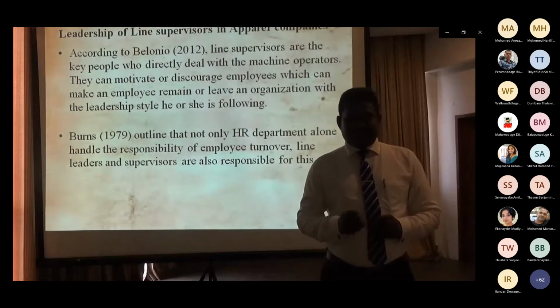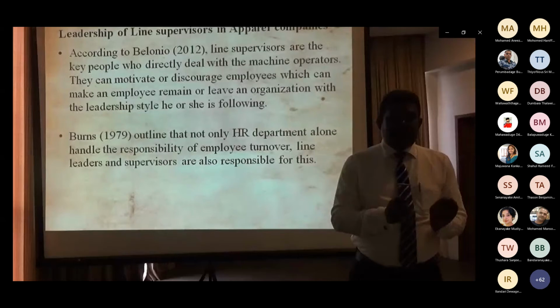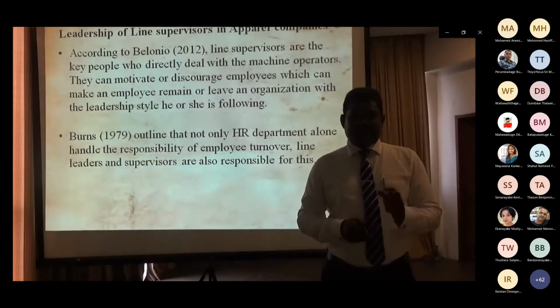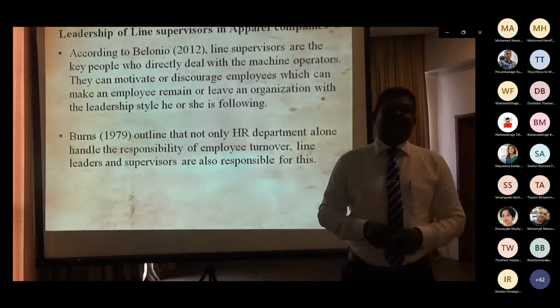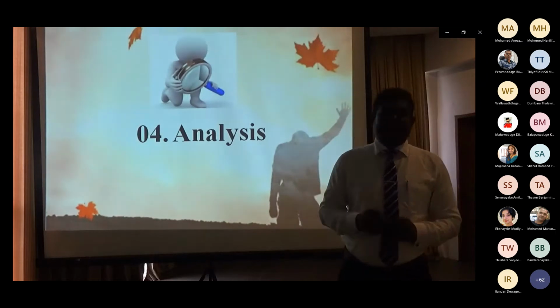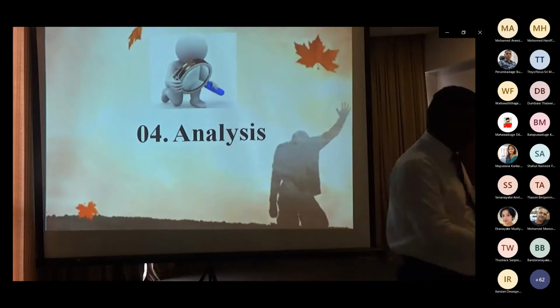Burns 1979 outlined that not only the HR department handles the responsibility for employee turnover. Line leaders and supervisors are also responsible for this. Now, for the analytical part of our research presentation, I will ask Tamira to continue.